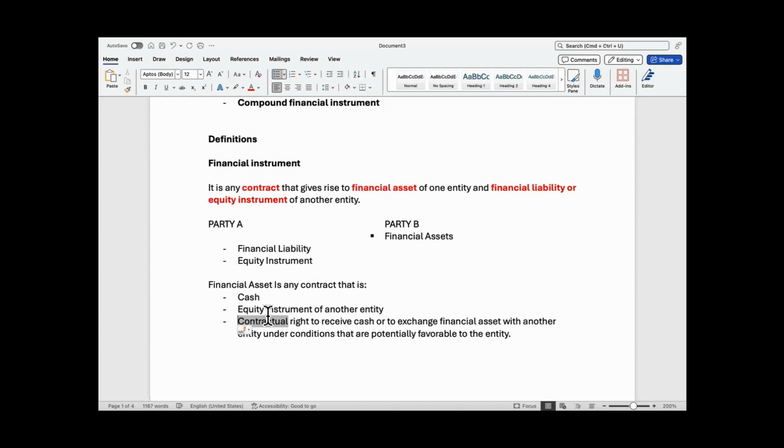So what gives you contractual right to receive cash is when you lend people money, when you sell on credit, when you invest in a debt instrument. That is what gives you contractual right to receive cash. So, substantially, what I really need you to think and understand so very well is that anytime we mention financial assets, just understand that that guy is an investor.